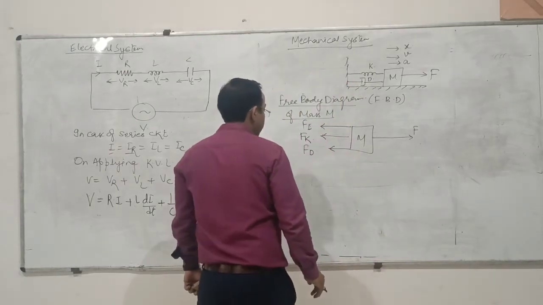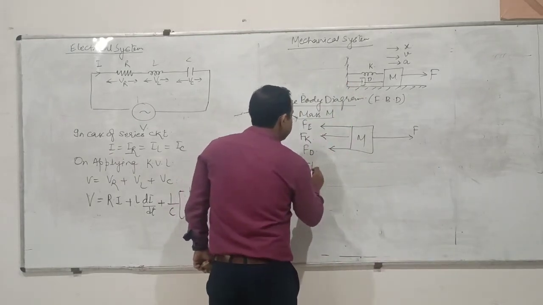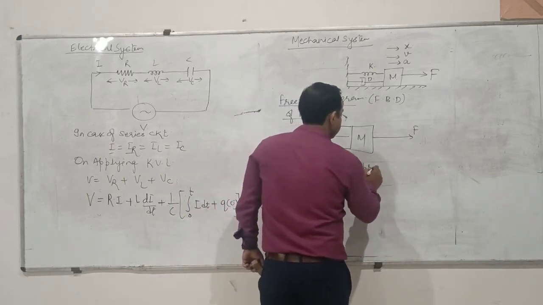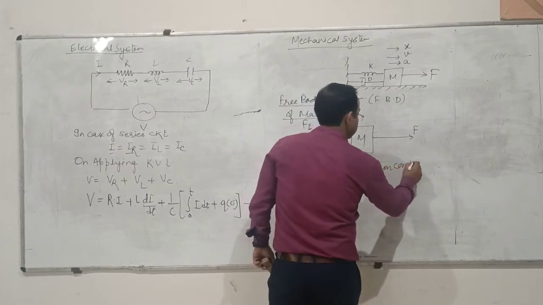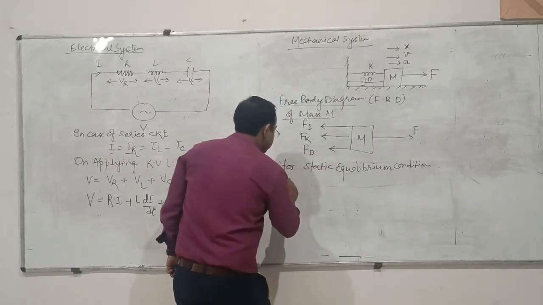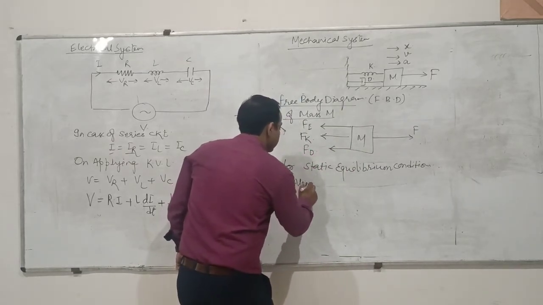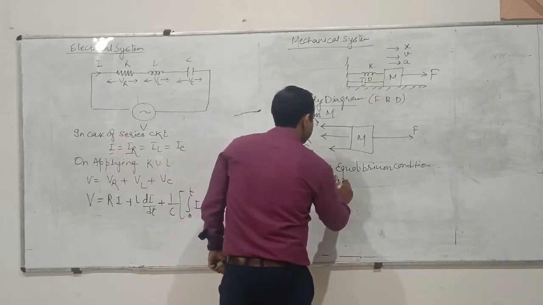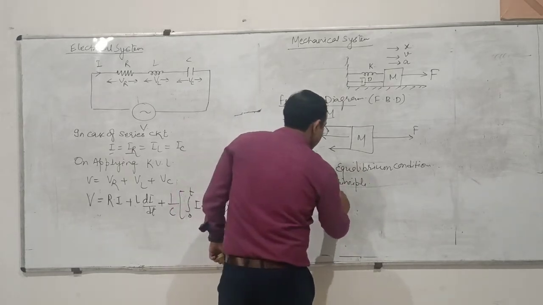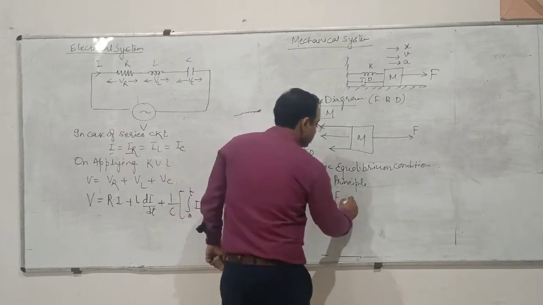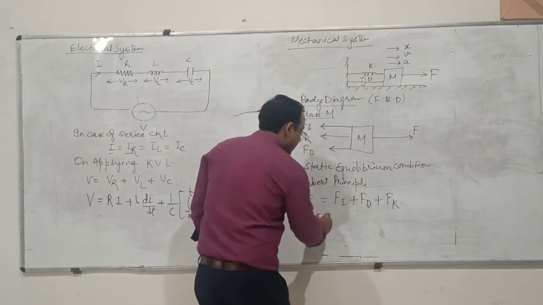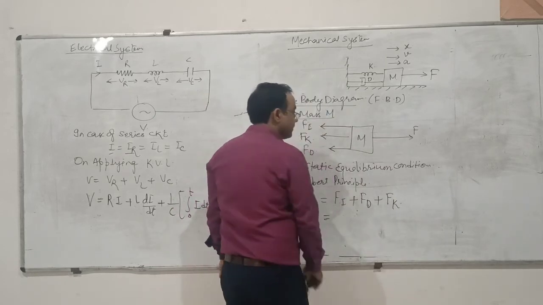So by using the static equilibrium condition and applying the D'Alembert principle, the external force F should be equal to inertia force plus damping force plus spring force, and it can be written as mass into acceleration.